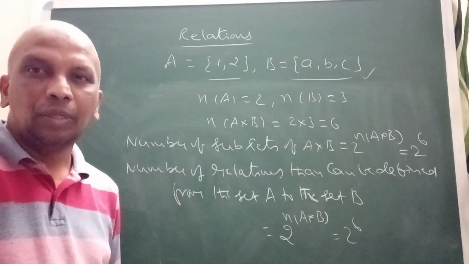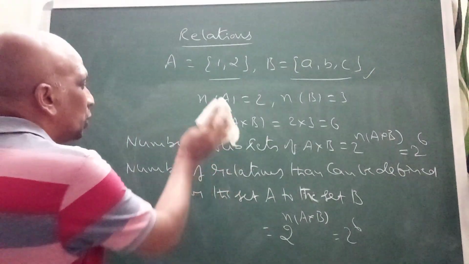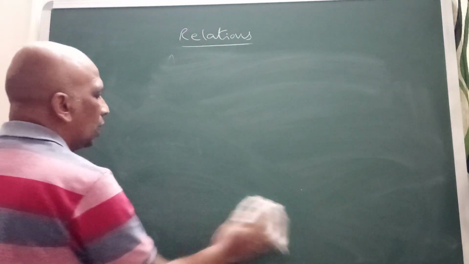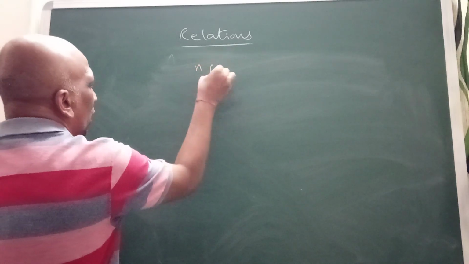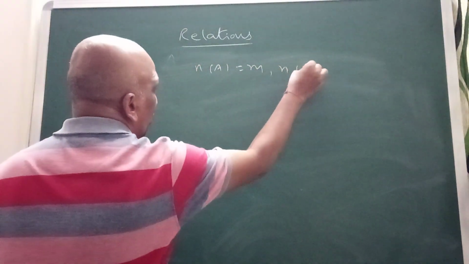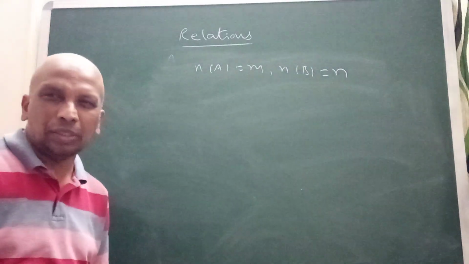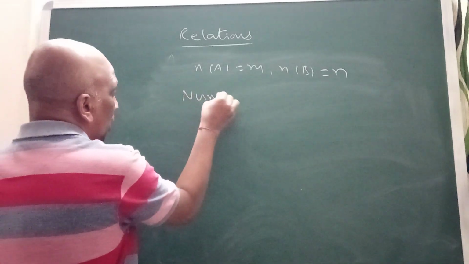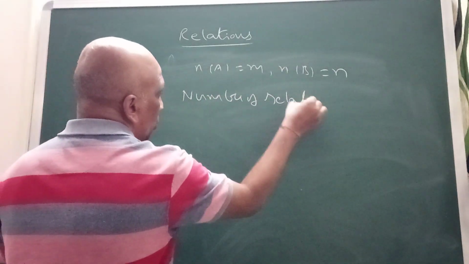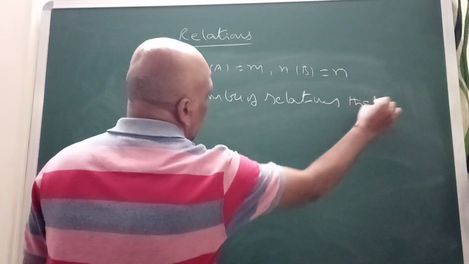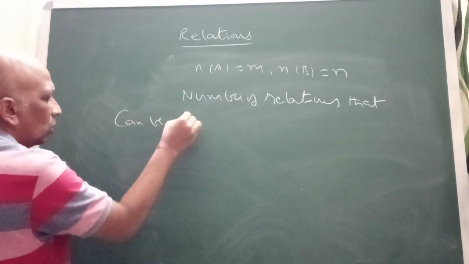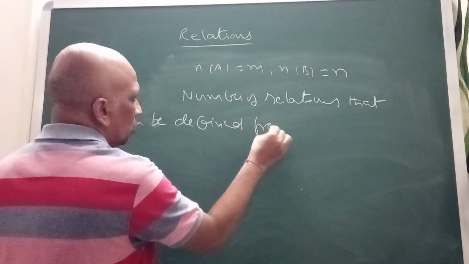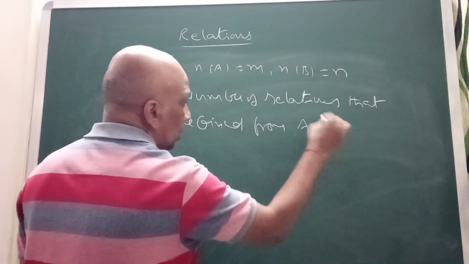Now in general, suppose n(A) is equal to m elements and n(B) is equal to n elements. Then what is the number of relations that can be defined from the set A to the set B?